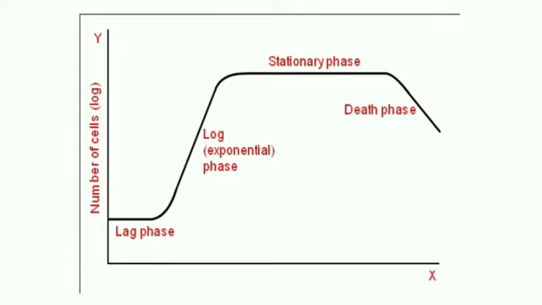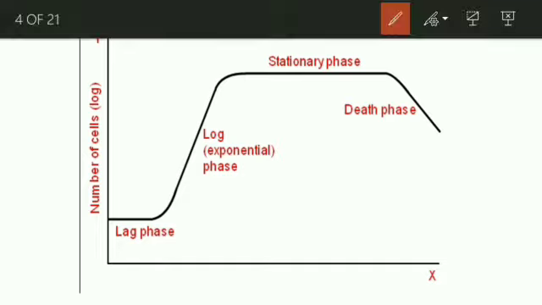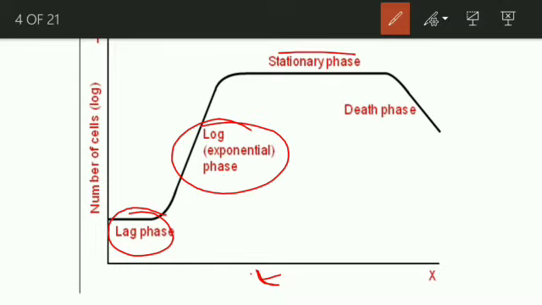Here in this slide you are looking at the bacterial growth curve. In this growth curve, on the x-axis generally we take, what is that one? Time. We take time on the x-axis, and on the y-axis we take the number of cells in logarithm. In this growth curve we could see 4 different phases: one is called lag phase, another one is log phase, another one is stationary phase, and death phase.